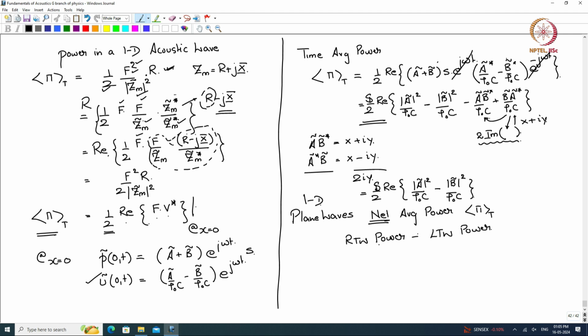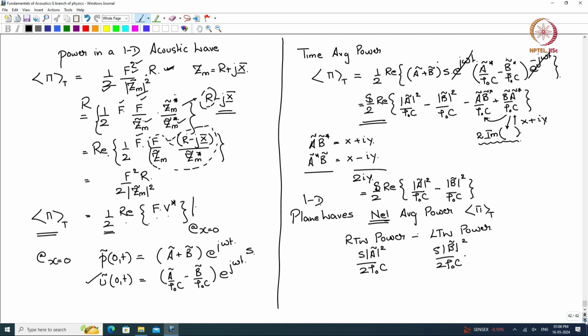Averaged. So this is magnitude a square S by twice rho 0 c, and this is magnitude b square S by twice rho 0 c.